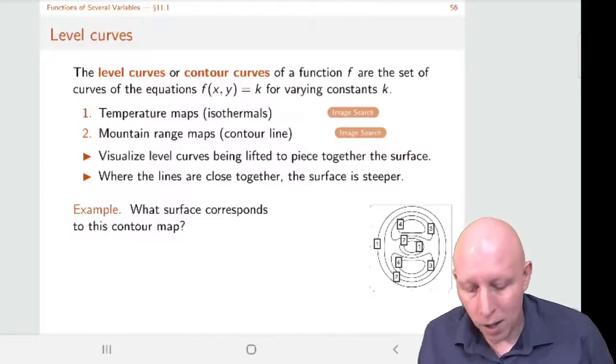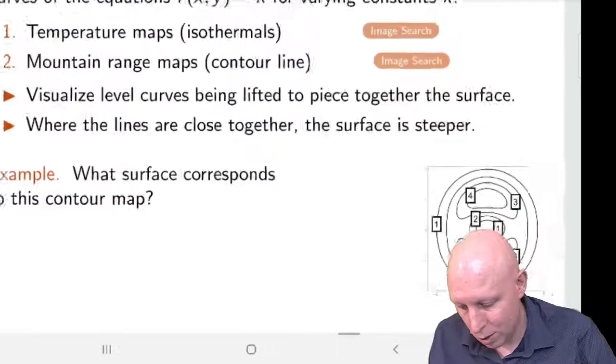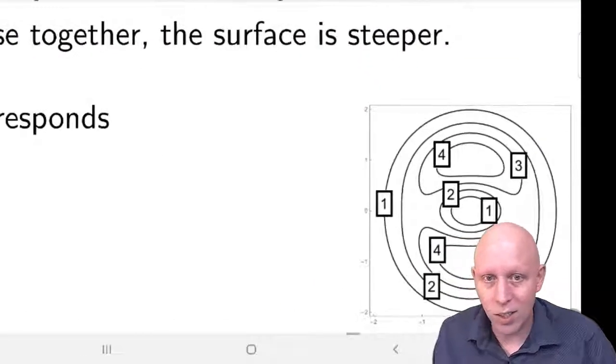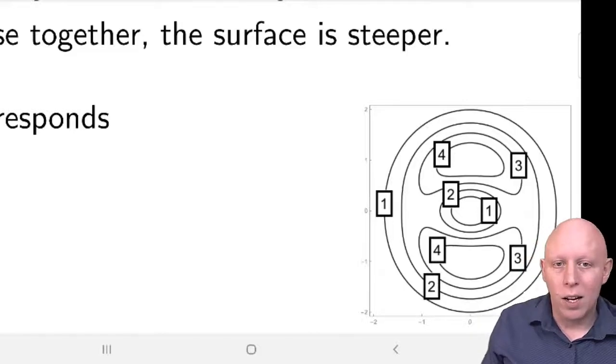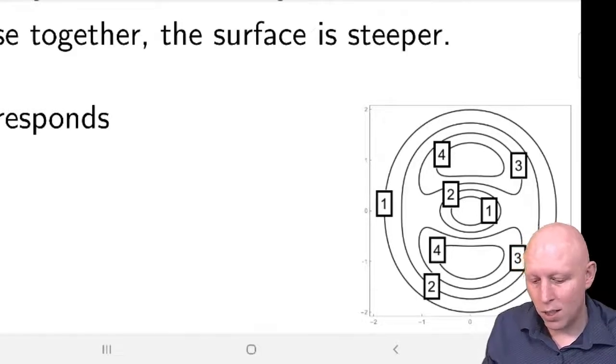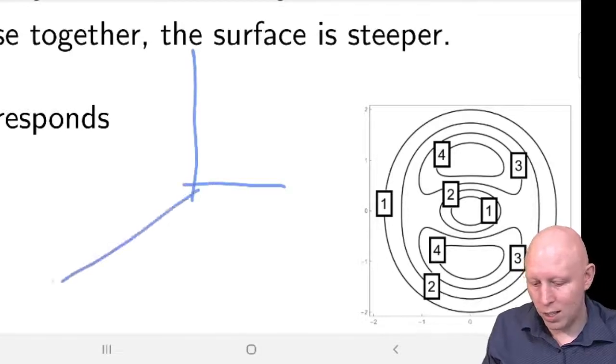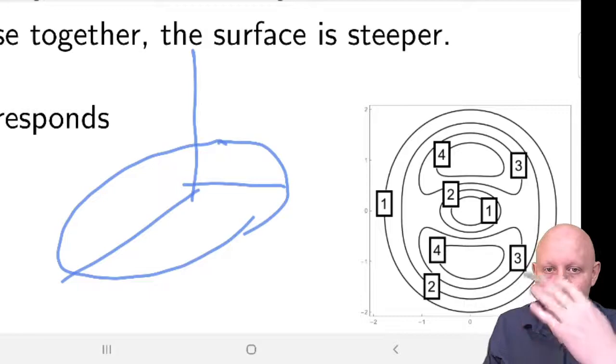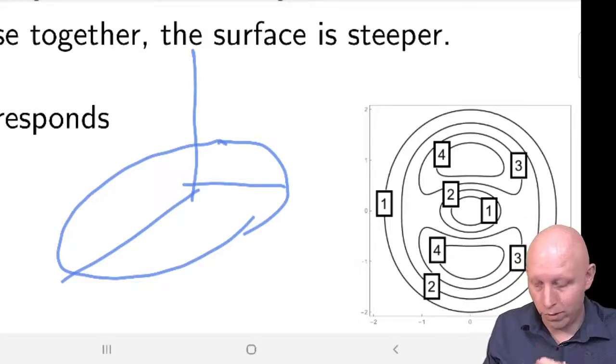So let's do a thought exercise. Let's zoom in here. Here's a map. What does the graph look like? This is our domain, this oval shape, and we'd like to construct what the graph looks like above it.